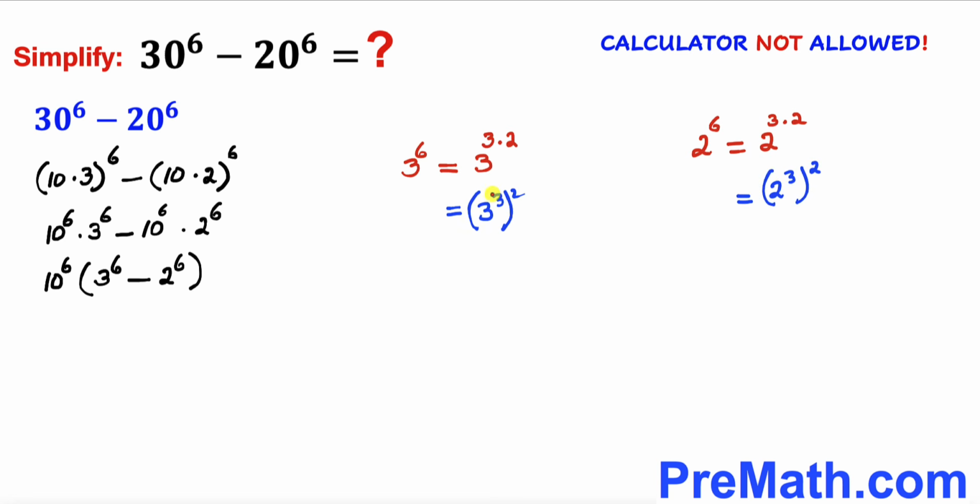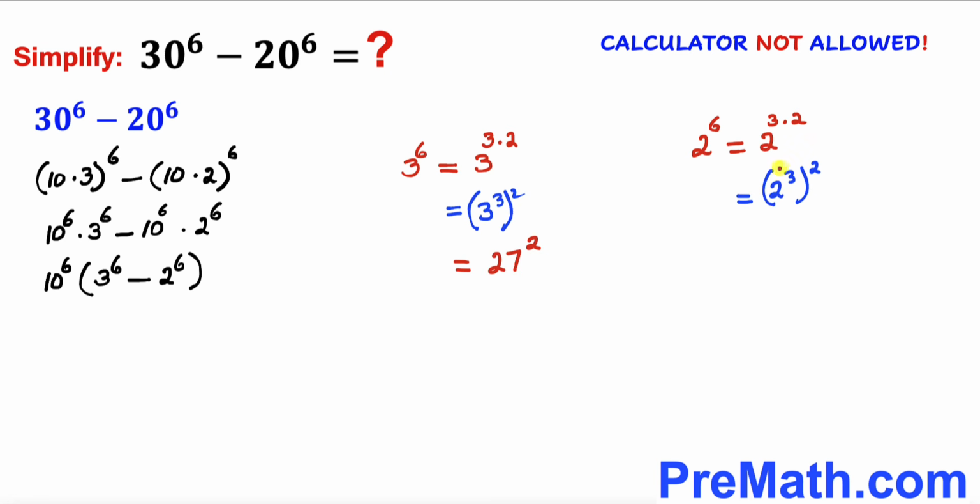Now let's make an observation. We can see 3 power 3 is the same as 27, 3 times 3 times 3. So this whole thing could be written as 27 power 2. So we can write 3 power 6 as 27 power 2.